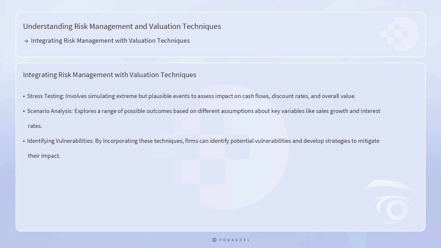Scenario analysis, on the other hand, explores a range of possible outcomes based on different assumptions about key variables, such as sales growth, interest rates, or commodity prices. By incorporating these techniques, firms can identify potential vulnerabilities and develop strategies to mitigate their impact, thereby enhancing the robustness of their valuations.